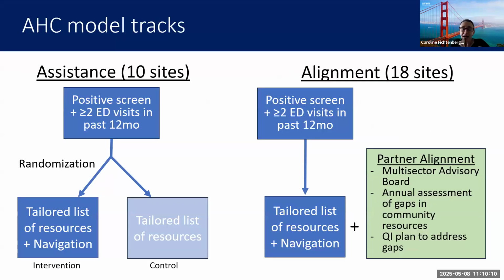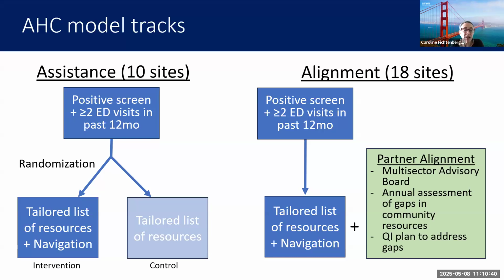So how did the tracks work in terms of the service provision and the evaluation? So the assistance track, which happened in 10 sites, those individuals who were eligible were then randomized to either receive the intervention, which was the navigation, as well as a tailored list of resources that everybody got. That was just kind of the usual care. Or to receiving just the tailored list of resources.